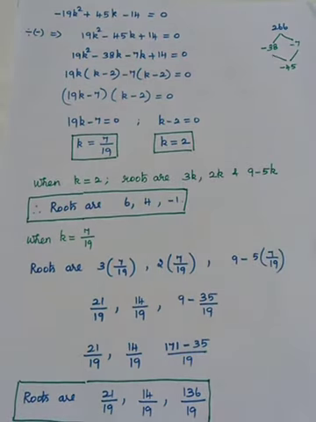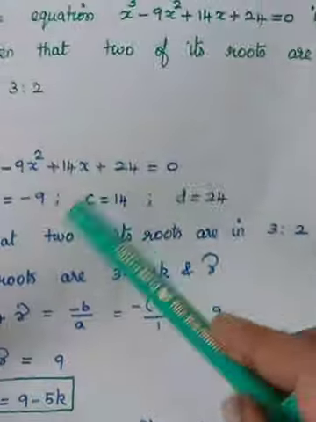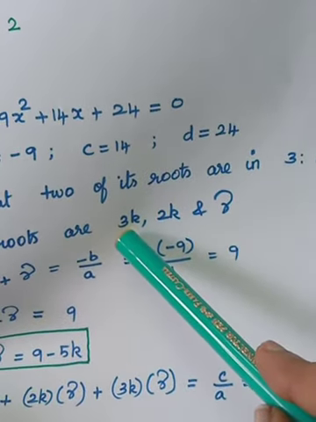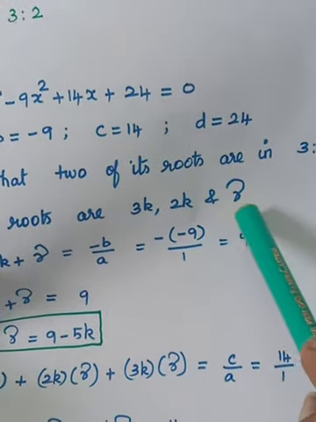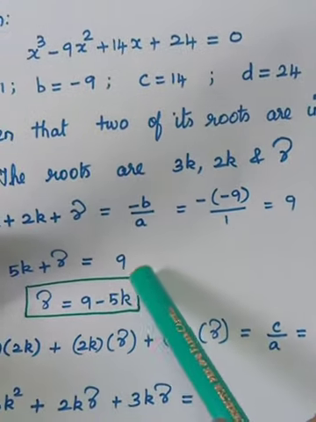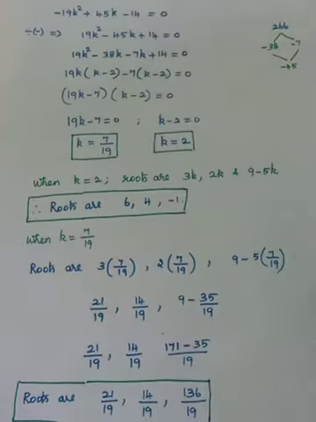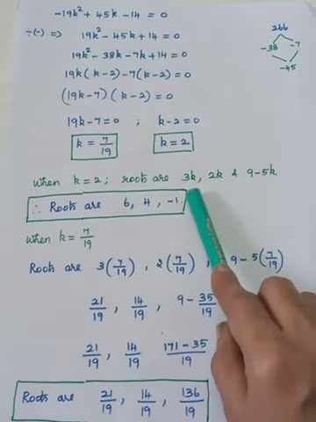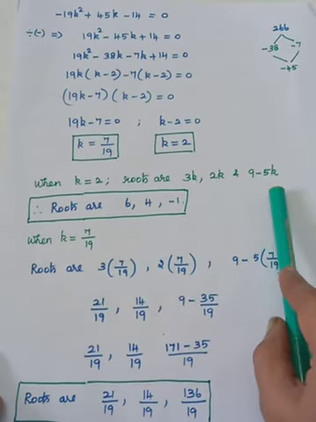Okay, so we have to find the roots. The roots are in terms of k. See here, the first root is 3k, the second root is 2k, and the third root is gamma. Gamma here we have found in terms of k as 9 minus 5k. So the first root is 3k, the second root is 2k, and the third root is 9 minus 5k.